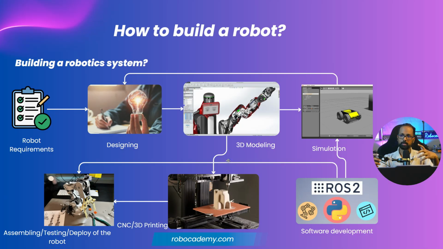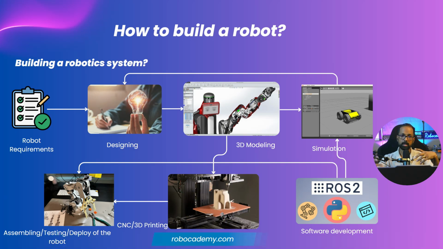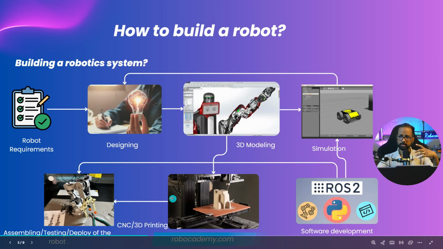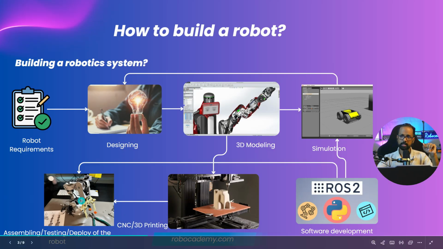And then along with the 3D printing, we can also procure the hardware components, electronics, electrical, I mean all these things. And once we procure all the components and everything, we will be assembling it and testing it.